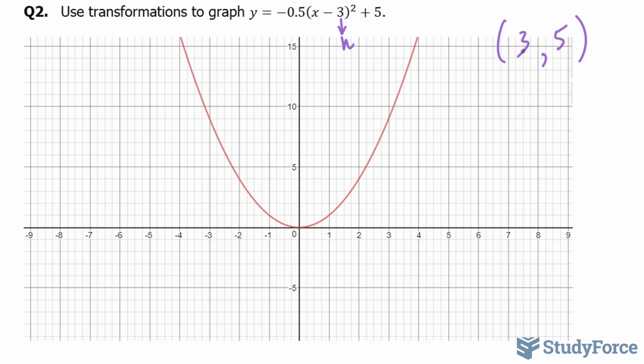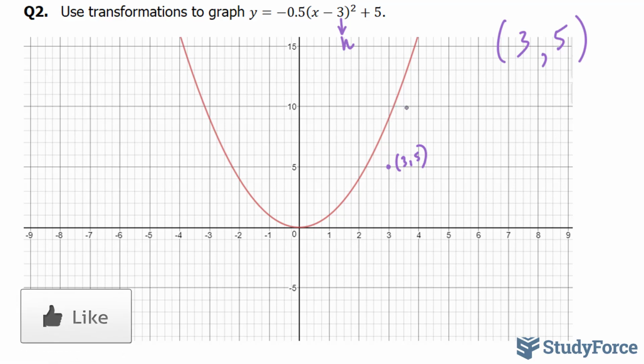So we have a vertex at 3 and 5, and let's plot that. 3 and 5 is over here. My next step is to identify my a term. My a term is negative 0.5. This negative tells us that our parabola will be facing down, unlike this one, and it will experience a vertical compression, meaning that it will get fatter than this by a factor of 2.